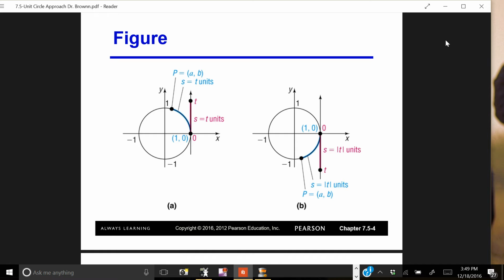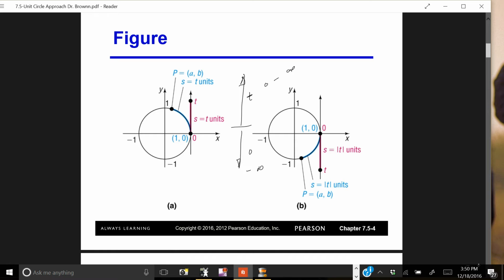And we set all this up by thinking of a line in which we have the unit t, and t can go from 0 to infinity, or from 0 to minus infinity.